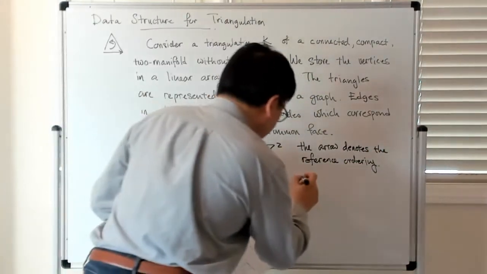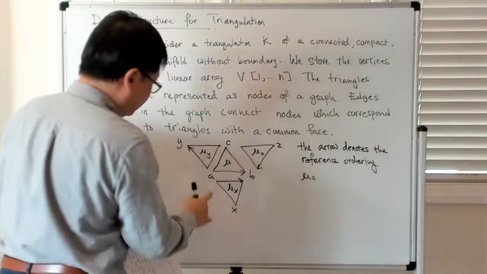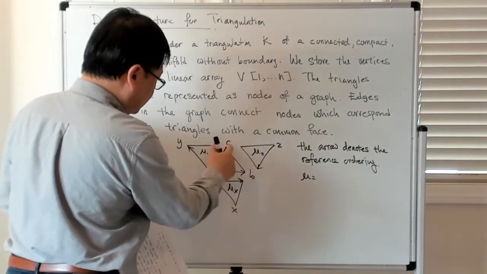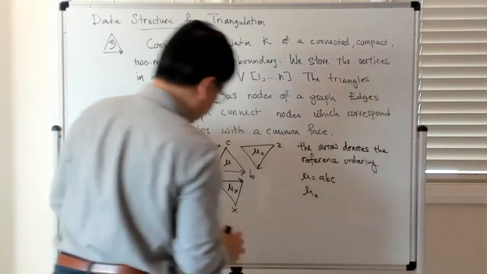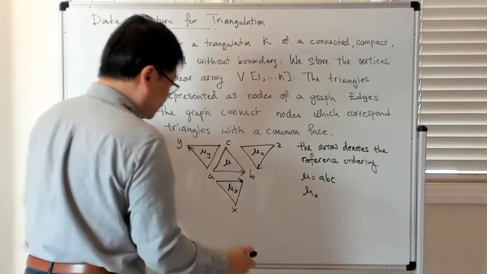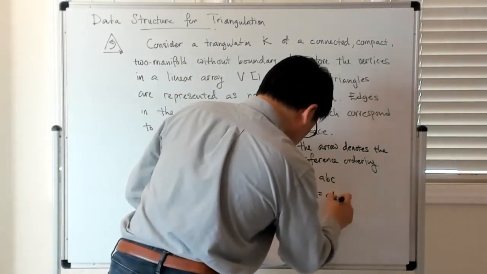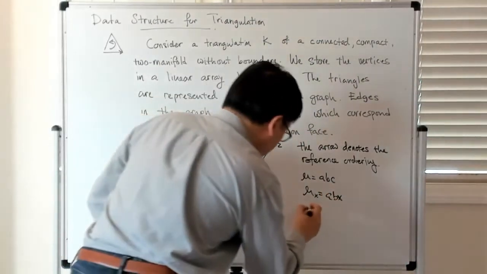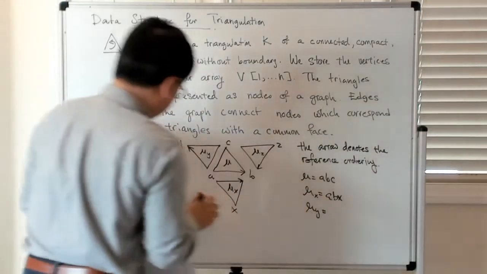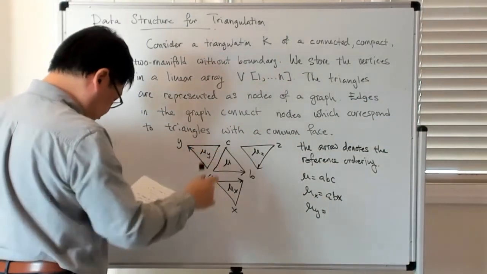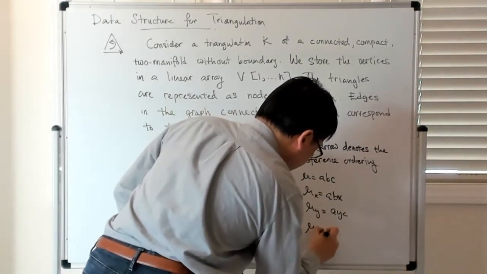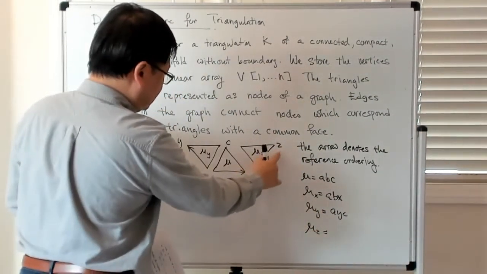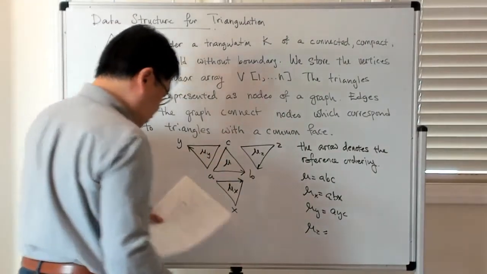So mu is ordered as A, B, C. mu x starts from A, B, x. mu y goes from A, y, C. And mu z is z, B, C.